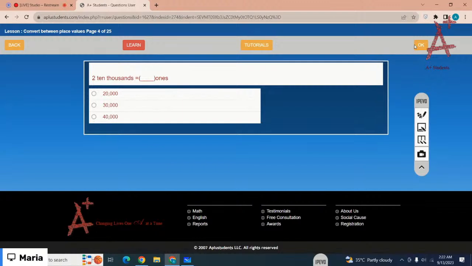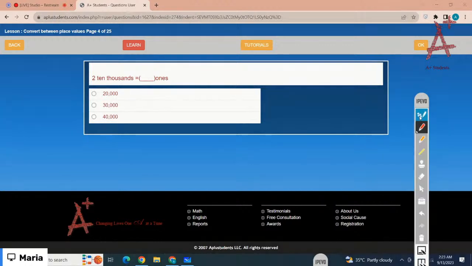2 10,000s equal how many ones? 2 10,000s, right? 2 tens means that is 20, and thousands means you have to add three more zeros. So that would be option number one, that is 20,000. Option number one is the correct option, right?